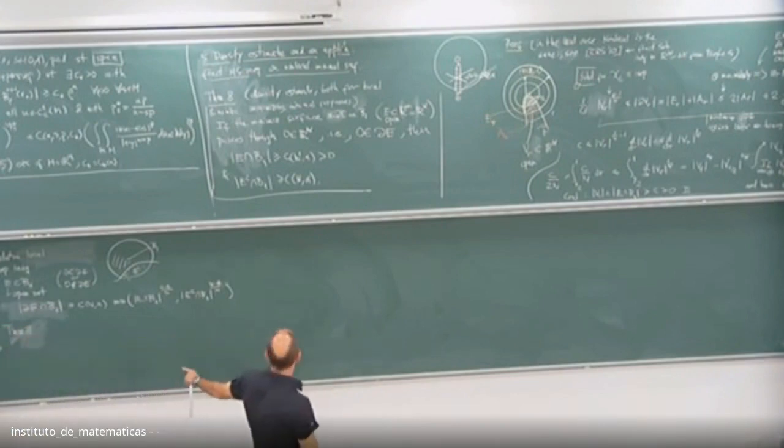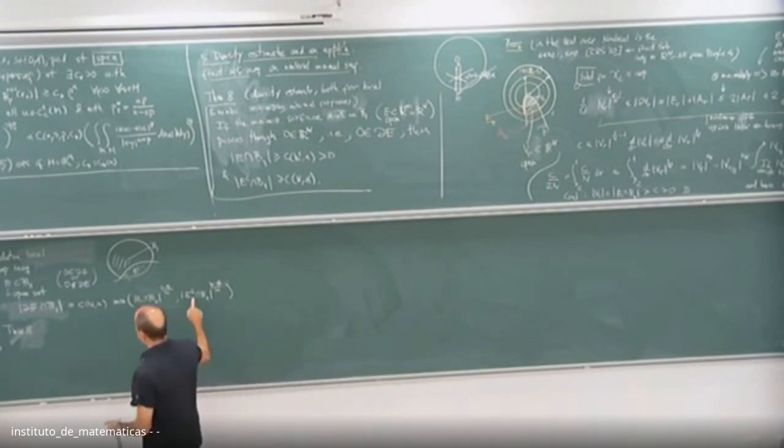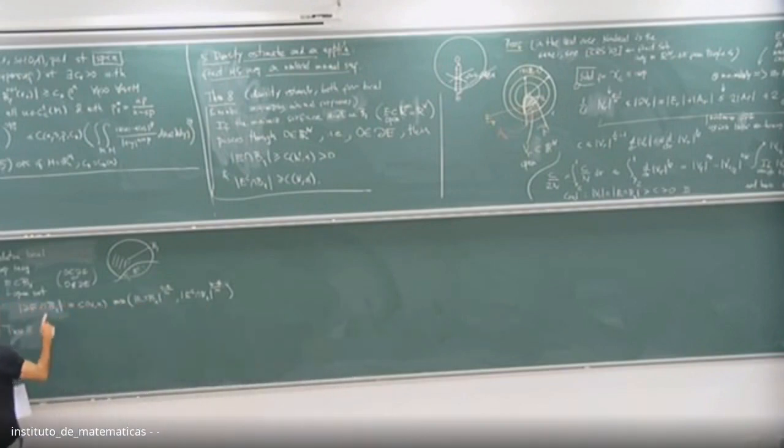The relative one is true in all the cases. Okay, but now assume that the origin is on the boundary, and this origin is going to be that point x0.